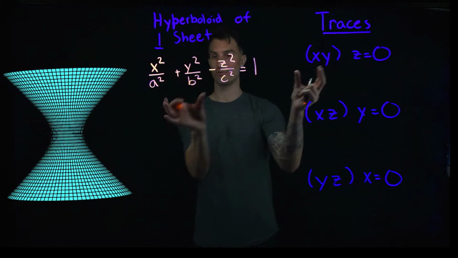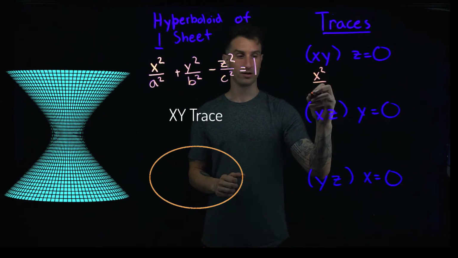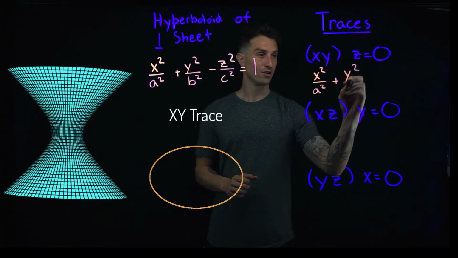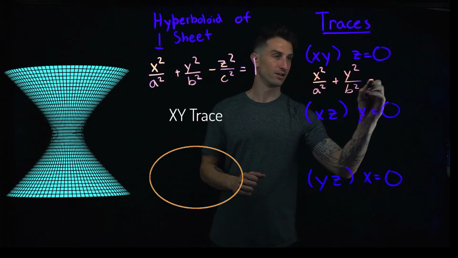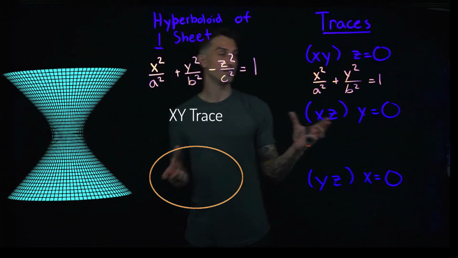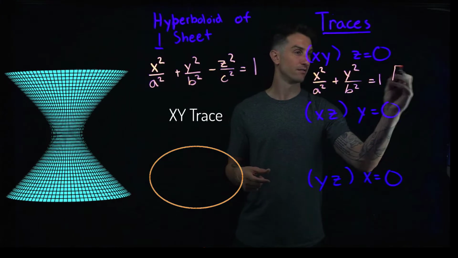So in our xy plane, when z is equal to 0, we have x squared over a squared plus y squared is equal to 1. And we need to know what this shape is. We saw it in our past surface. This is an ellipse.